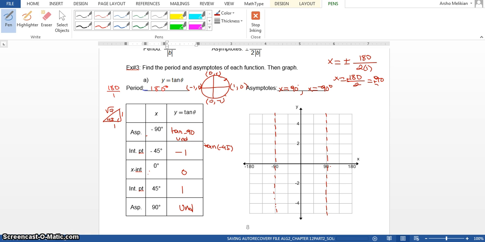So, at negative 45, we're at negative 1. At positive 45, you're at positive 1. And at 0, you're at 0. And you've got asymptotes there. So you do this. Okay? And that's how it looks. All right? Fascinating.